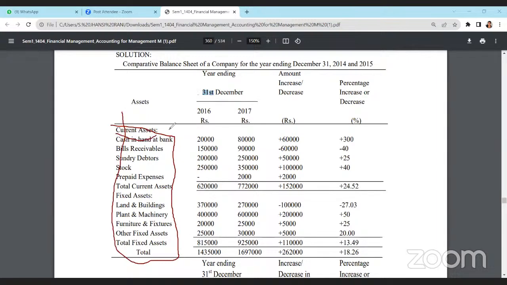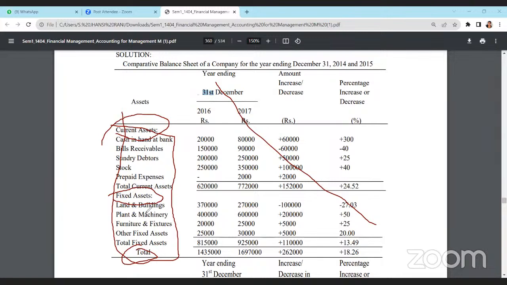Remember current assets and fixed assets. All current assets will be written first, then fixed assets. Then we will come to know total assets. First, I'm talking about format, not about how it is done. This you have to memorize. Whenever it is a balance sheet, we write current assets, then fixed assets.